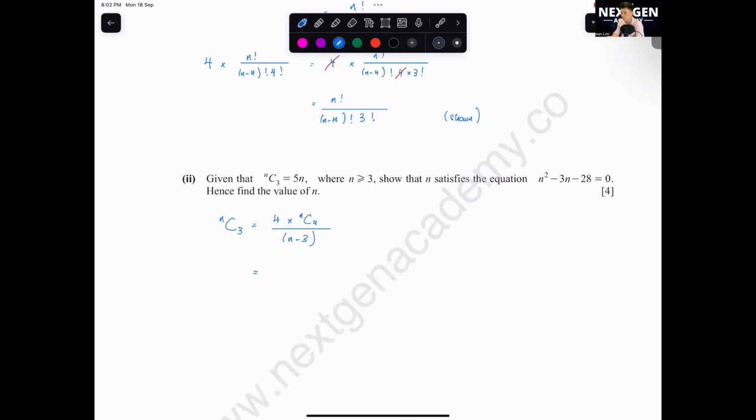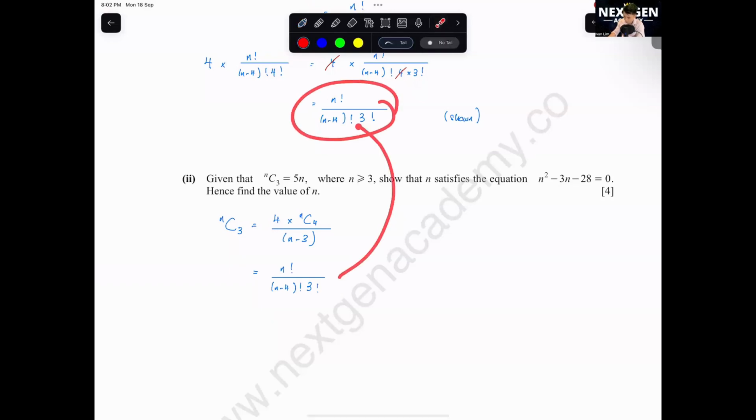This one you will get n factorial over (n minus 4) factorial, 3 factorial, which is this part here, over (n minus 3).